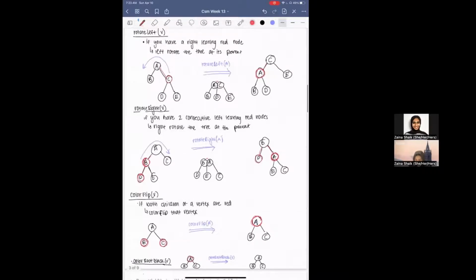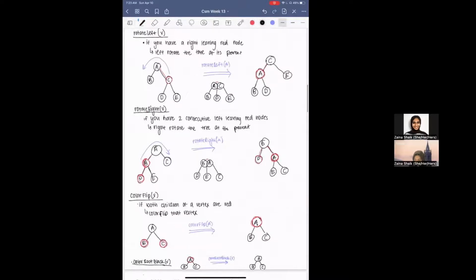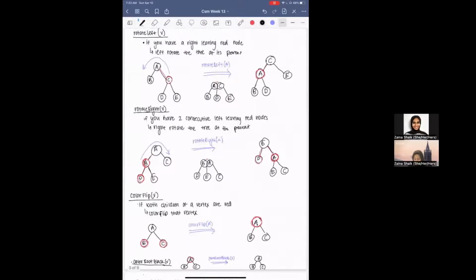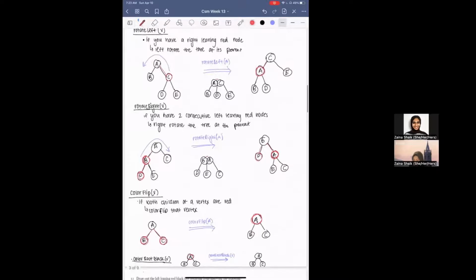And then the last official operation is when we color flip a vertex. So if both children of a vertex are red, we want to color flip that vertex. And this is just when you switch the colors of the parents and children.